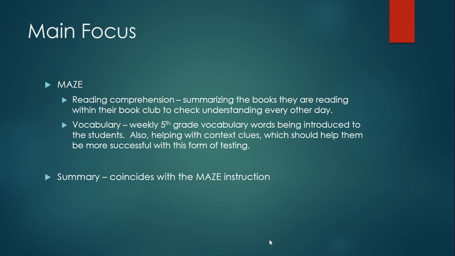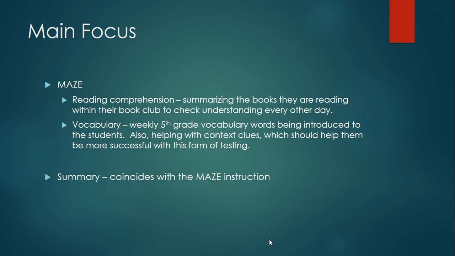So when it comes to looking at what I want to do for my main focus of instruction, I decided that one, I would need to focus on the maze, and I'm doing this in a couple of different ways. The first way that I'm doing it is through my reading comprehension.